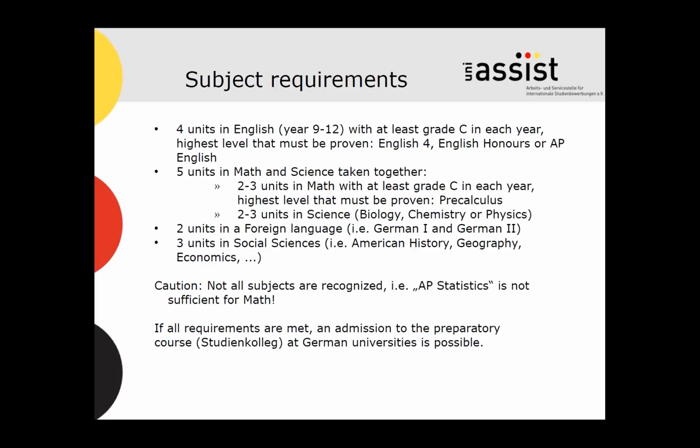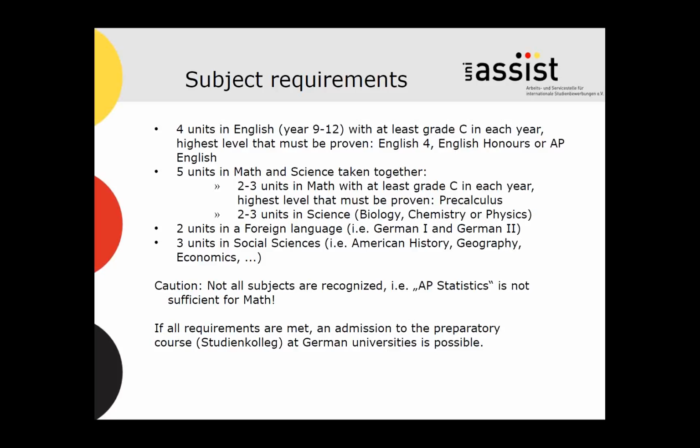German cannot be accepted because their language is anyway their mother tongue. And what is also important, it must be the same language. So you cannot take 1 credit in, for example, Spanish and then 1 credit in French.